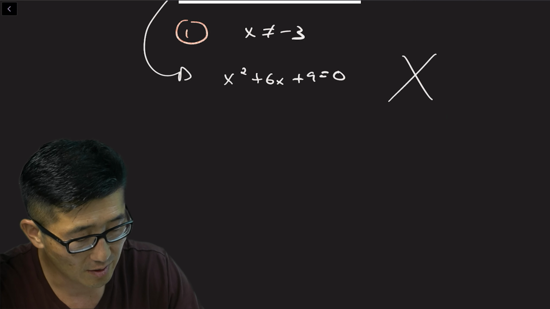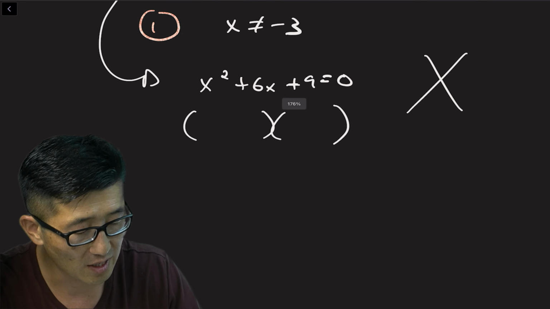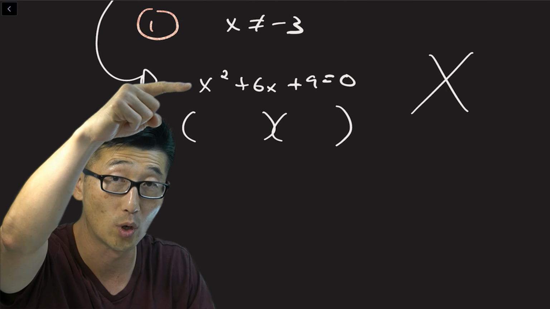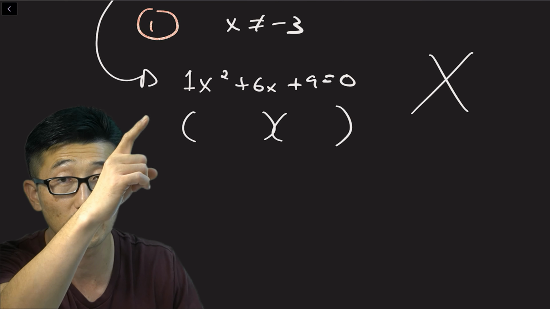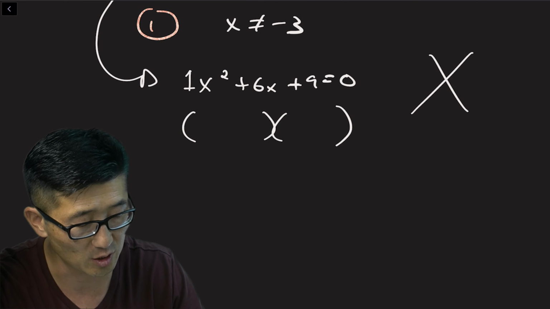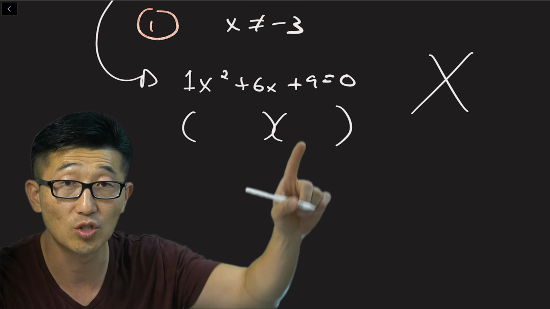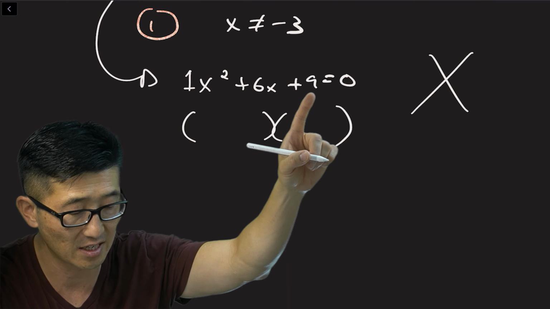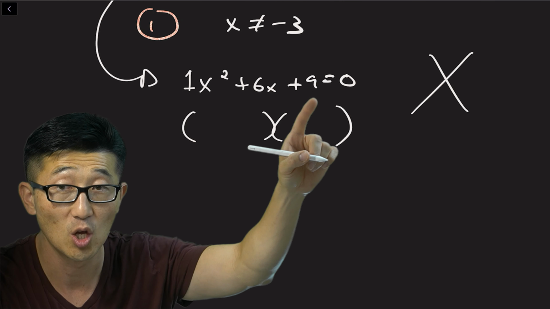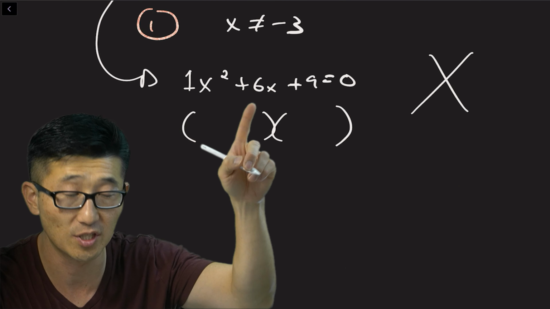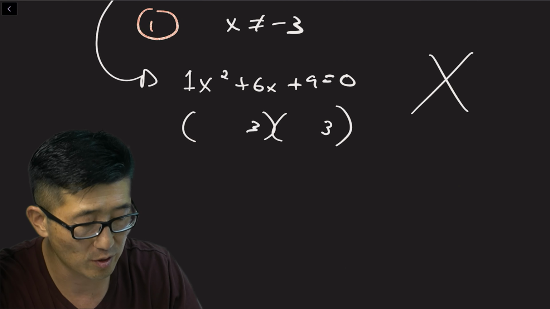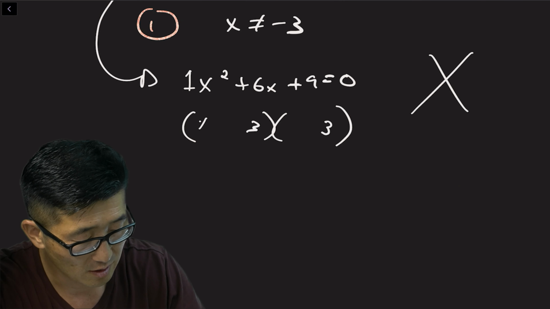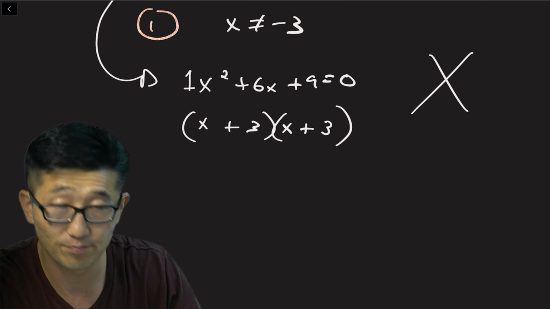I just do it in my head, put 2 parentheses down. And this only works when you have a 1 in front of the x squared. If you have another number, I rather just use the x method. But here, you just take 2 factors of 9, 2 numbers that multiply into 9, where those 2 same numbers will add up to 6: 3 and 3. So you put 3 and 3, 3 plus 3 is 6, 3 times 3 is 9, and there you go.